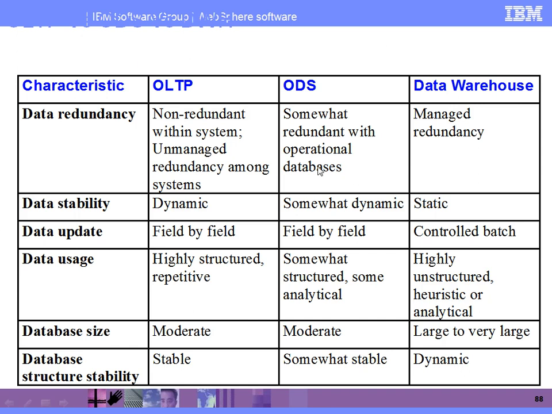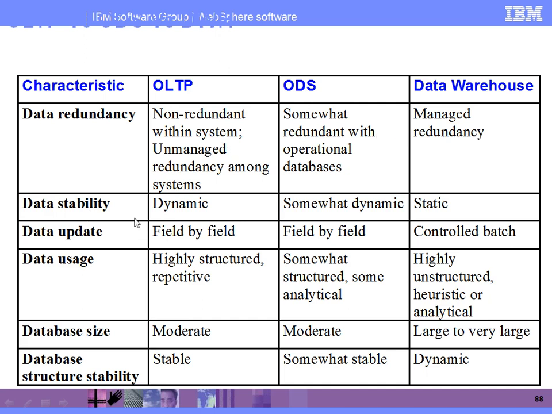In ODS there is somewhat redundancy with the operational database. In the warehouse we completely have redundant data, but it is managed redundancy. There is no unwanted or unmanaged redundancy in the warehouse. That is a major difference between OLTP, ODS and warehouse.